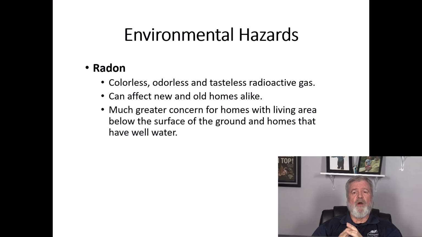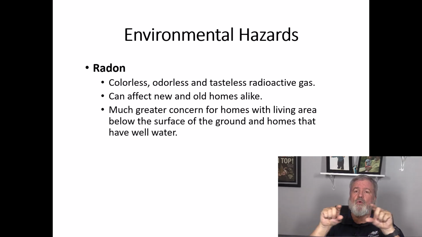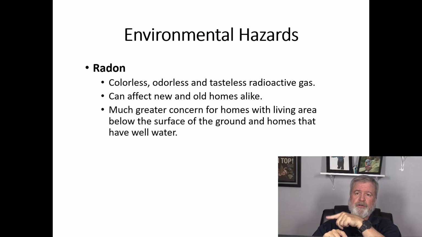But here's where we run into problems. If you have a house that's built on crawl space, you can crawl underneath the house. Assuming the crawl space is vented, you're probably going to be okay when it comes to radon, depending on how much radon might be in that particular area.